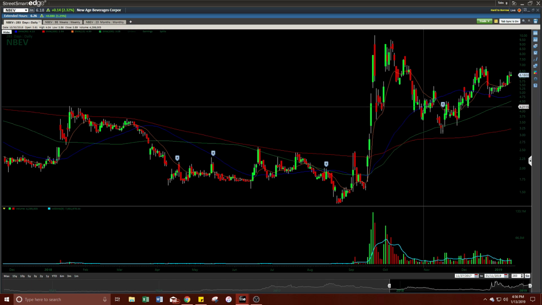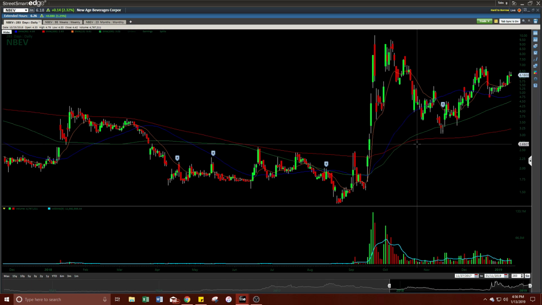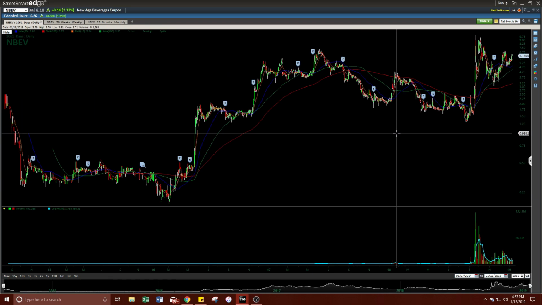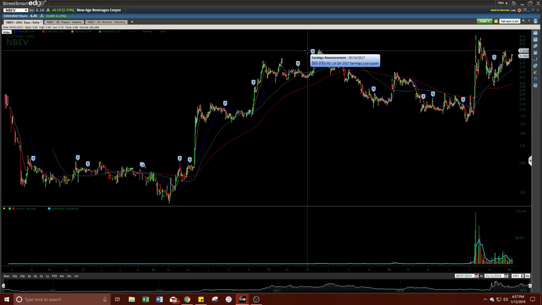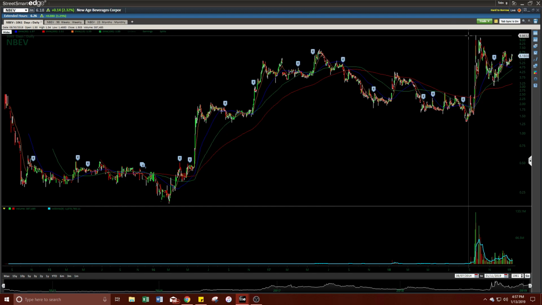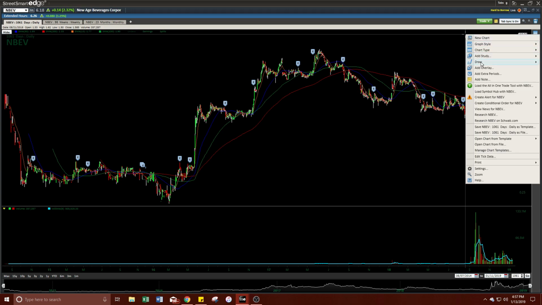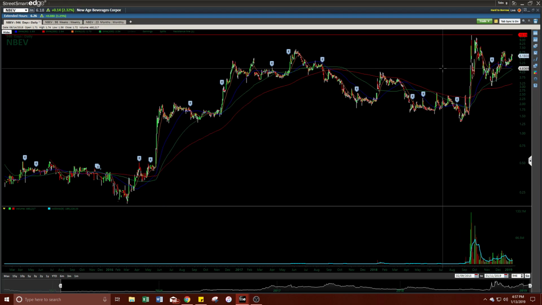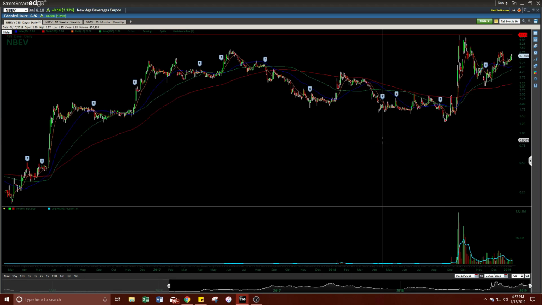So let's put this together and see what we can come up with. Instantly, I'll zoom out and see what the 52-week high is. So we can see we made a 52-week high right here at around $10. So I'll draw a resistance line starting right there at $10. And then I'll see if there's any key volume days in the past.